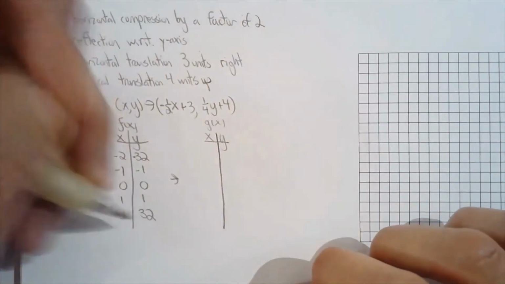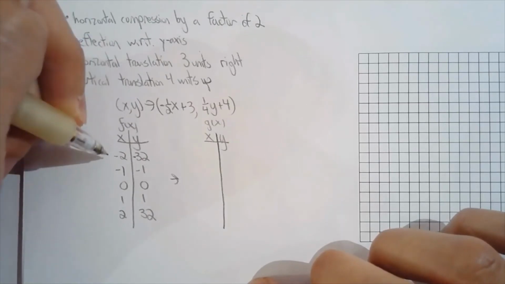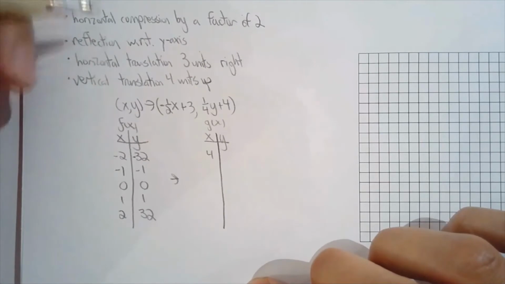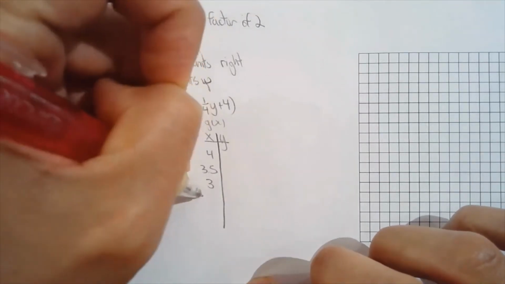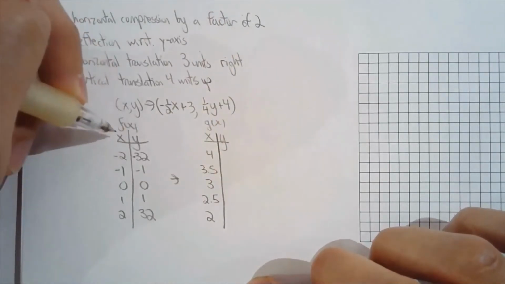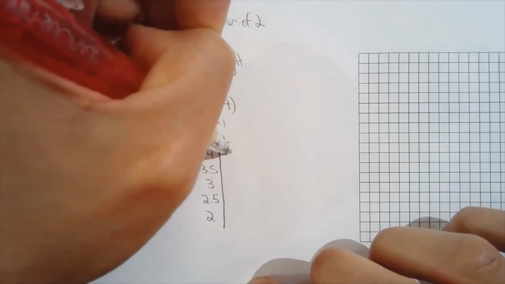So let's see. 1/2 times -1/2 is positive 1, 1 plus 3 is 4. And then drop it by a half. So 3.5, 3, 2.5, 2. And then a quarter, so that's -8 plus 4 is -4.